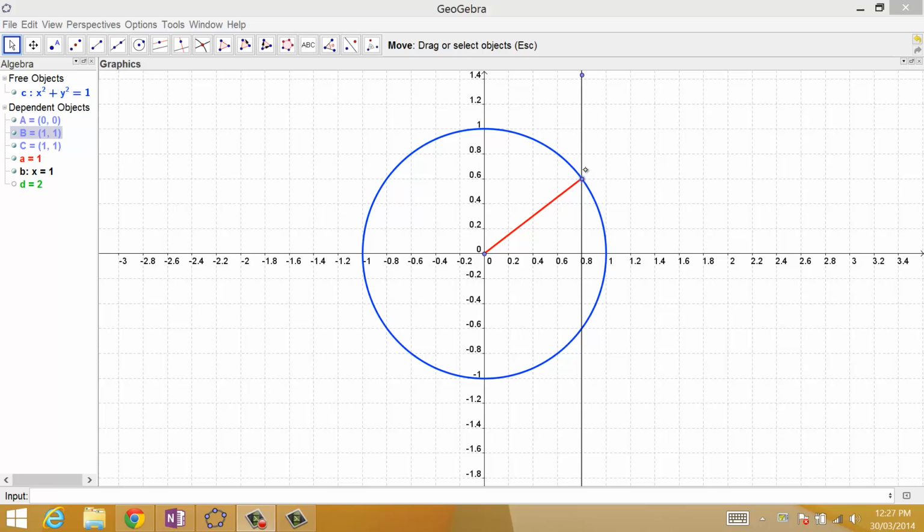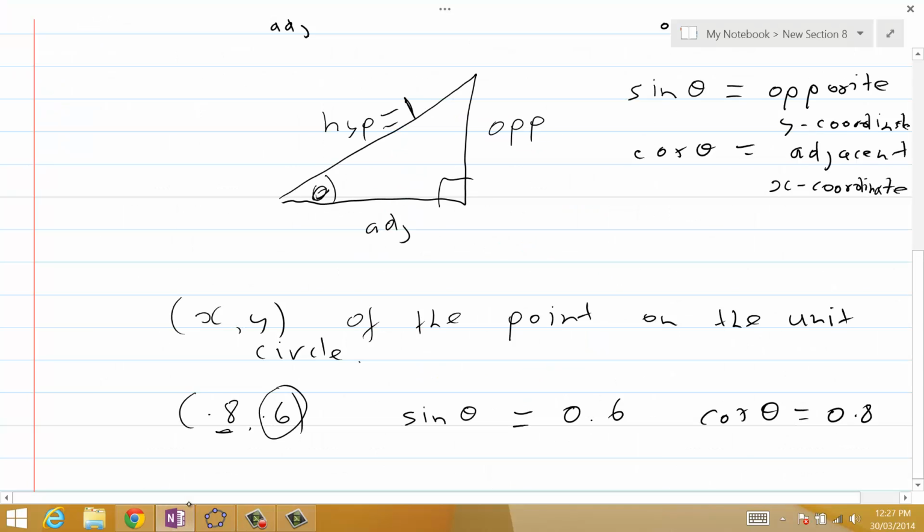It was using the fact that the radius of the unit circle is 1 that we were able to determine that for this particular triangle, sine theta equals the opposite side, or alternatively the y-coordinate of the point on the unit circle. Similarly, cos theta equals the adjacent side, or the x-coordinate of the point on the unit circle.